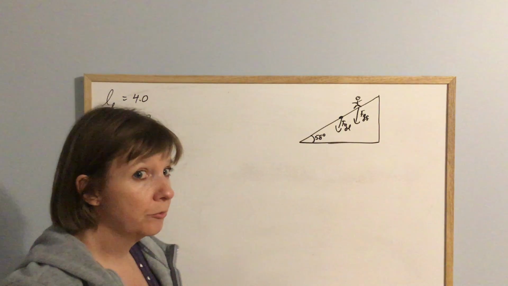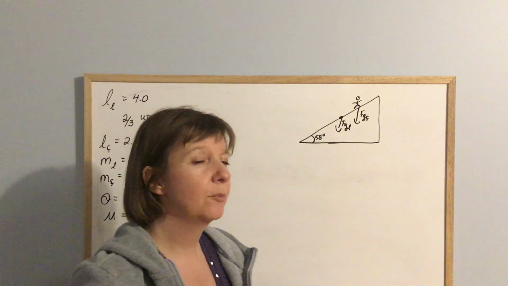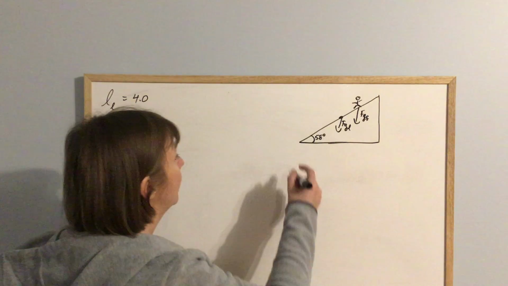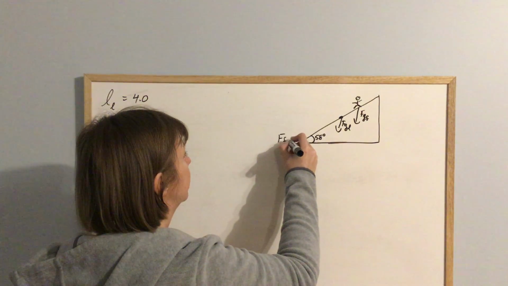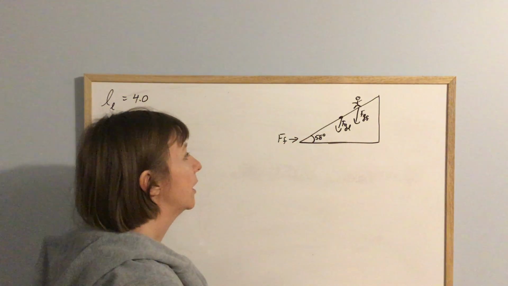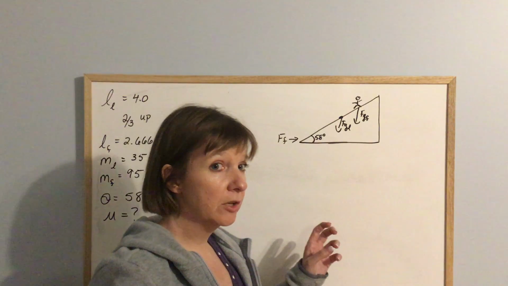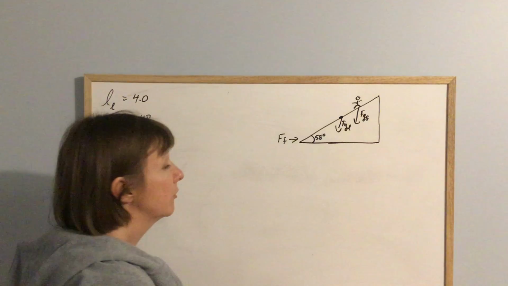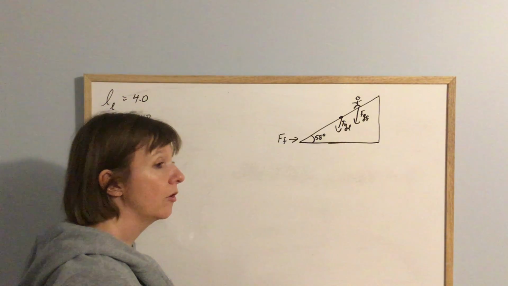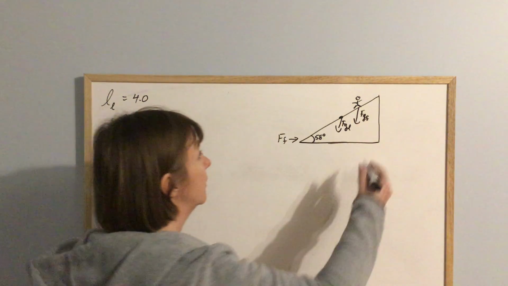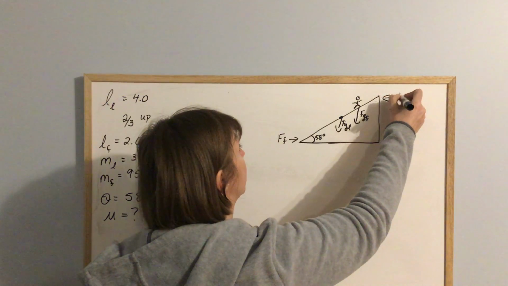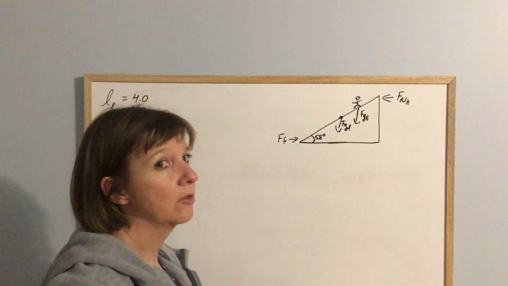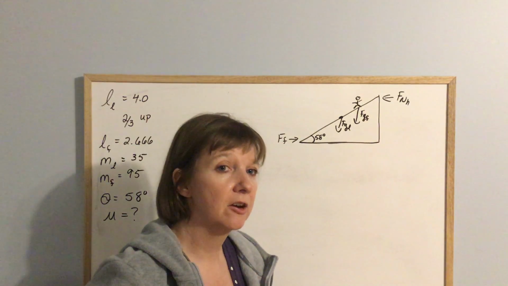But there are some other forces going on that we haven't really talked about much. There is a force of friction going that way because there's friction trying to keep the ladder in place. Wherever there's a force of friction, there's also a force working against it. In this case, there is a normal force that the house is exerting on the ladder.